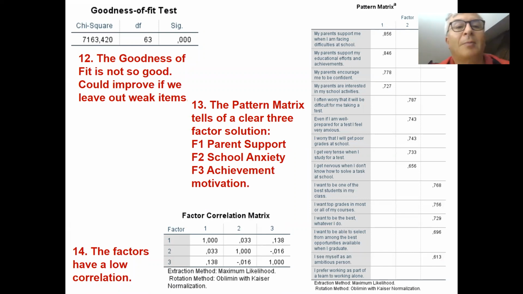That's number one. Number two, if you look at the proportion between the chi-square and the degrees of freedom, it's now more than 100 times 63.